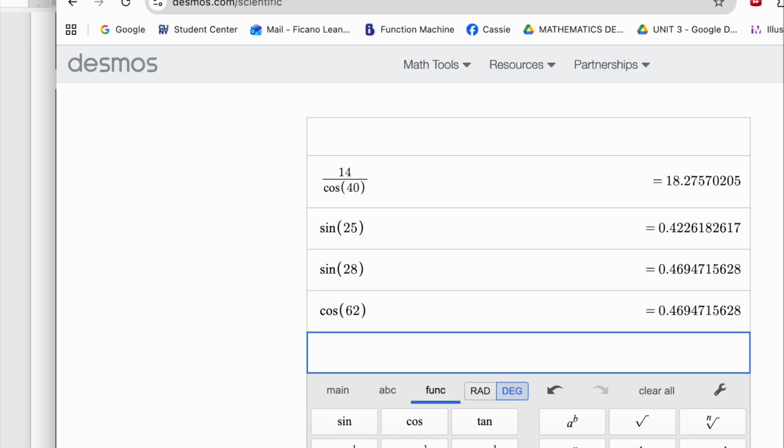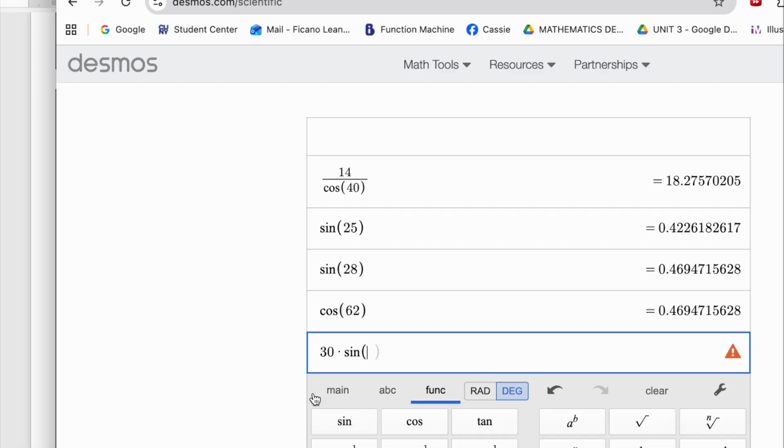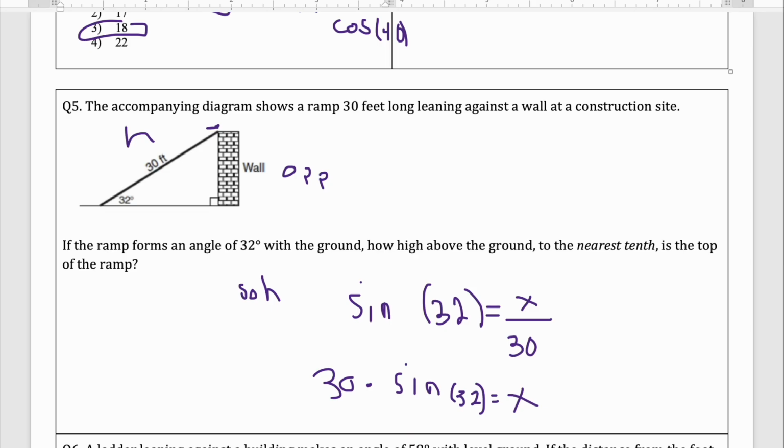So 30 times sine of 32 is 15.88, which is 15.9. The nearest tenth is 1 decimal place.